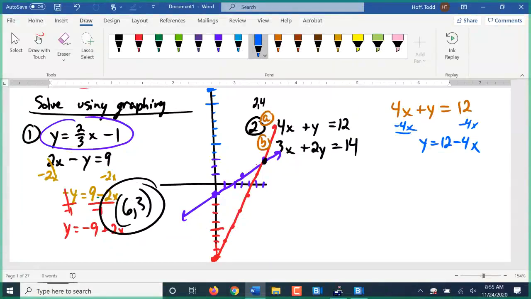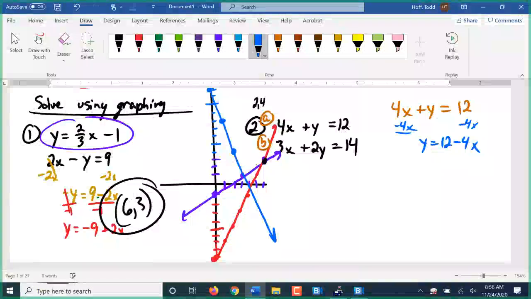And I go down 4 over 1 to get to my next point. Let's do that one more time. Down 4 over 1. Making sure I counted right there. So there's my line for that one.